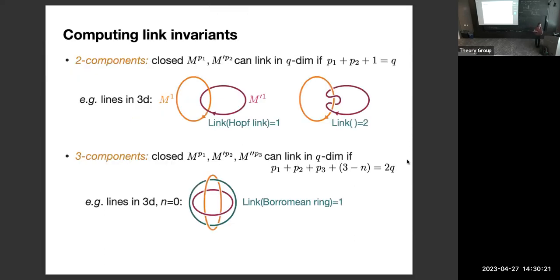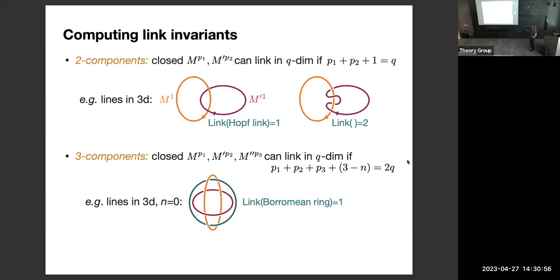But I can go beyond links just involving two components. The general set of things I can probe are, say, multi-component links. You could do some codimension counting: closed surfaces of various dimensions can link in, say, q dimensions if this condition is satisfied. So for example, for lines in 3 dimensions, I could probe the anomalies with these sorts of linking configurations.